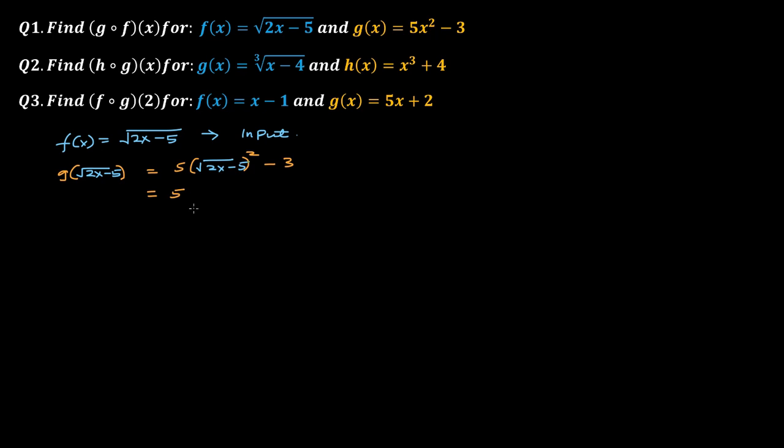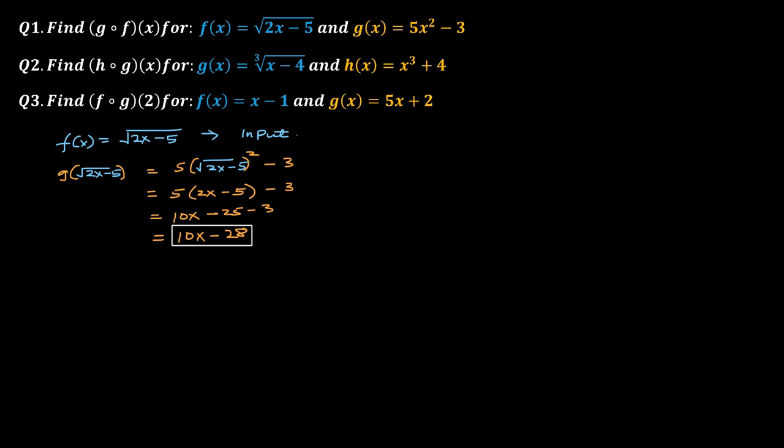The square root cancels out, so we have 2x minus 5, minus 3. Therefore we have 10x minus 25 minus 3, and our solution is 10x minus 28. So this becomes our first solution, question number 1.